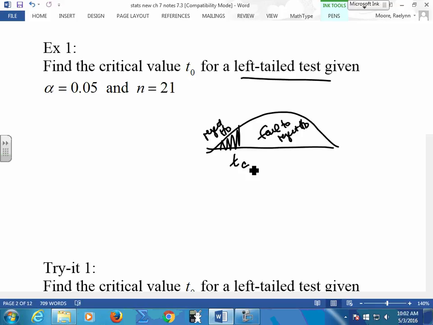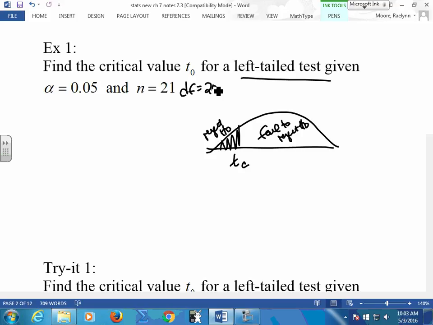Easy way to do this. Degrees of freedom, 1 less. You're going to go to table 5. You're going to follow the one-tail row across the top, and you're going to come down the column until the degrees of freedom is 20. So everybody go to A17, A18. Look at the table. Open your book down, A18. Look at the table.